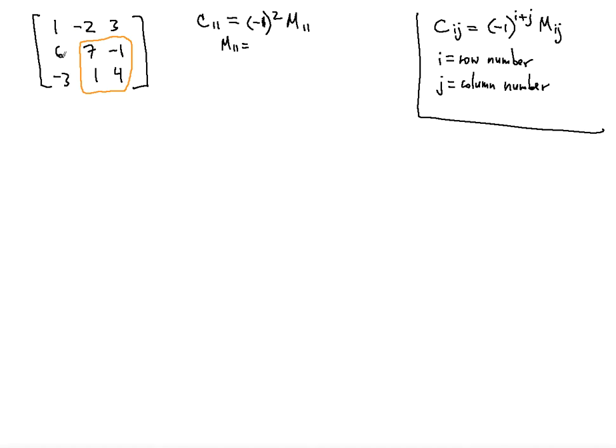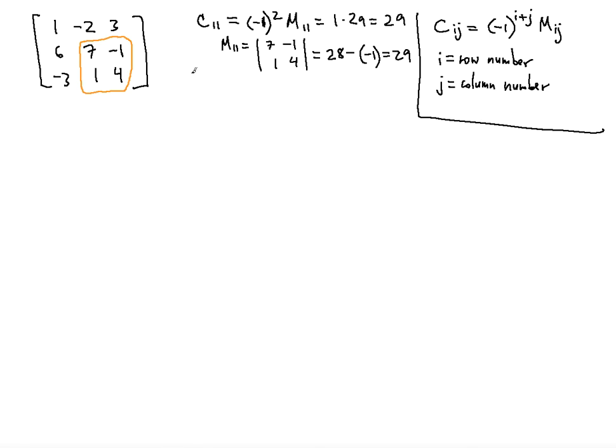So we're excluding the first column and the first row, and we're looking at the remainder, and we're finding the determinant of the remaining entries. So we're finding the determinant of this, and that's going to be 28 minus negative 1, which is 29. So that's going to be 1 times 29, which is 29.